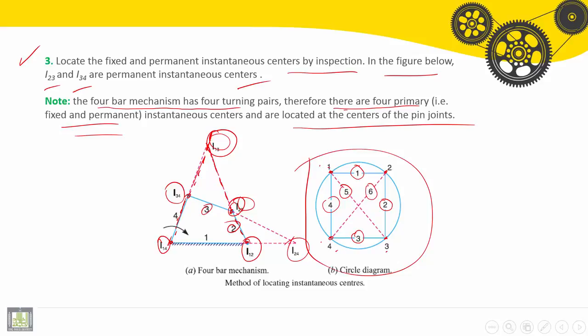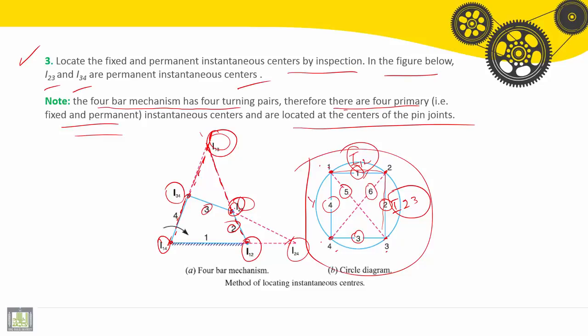So to find I13, which is number 5, we have to draw the line through I12, the first instantaneous center of rotation, and I23, the second. To go from 1 to 3, we have to pass through I12 and I23, and through I14 and I34 going from 1 to 4 to 3.